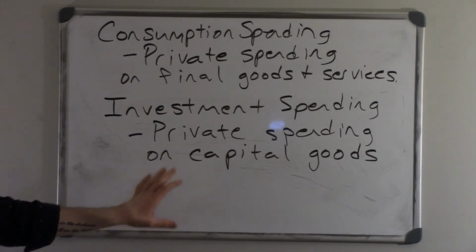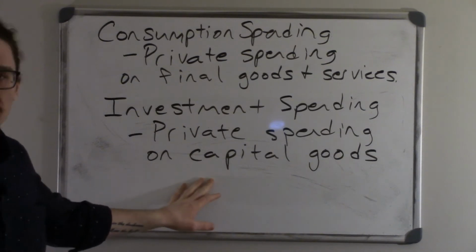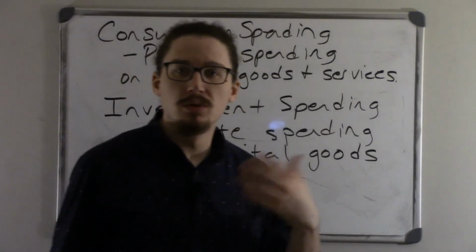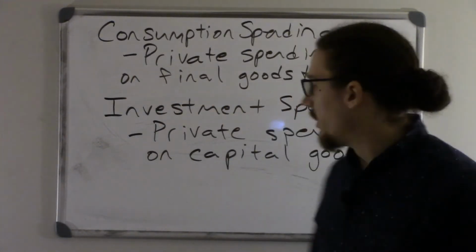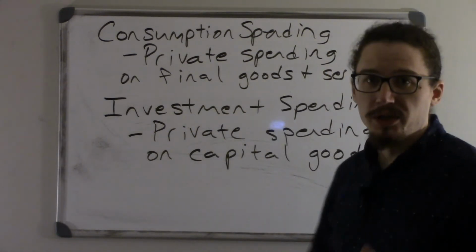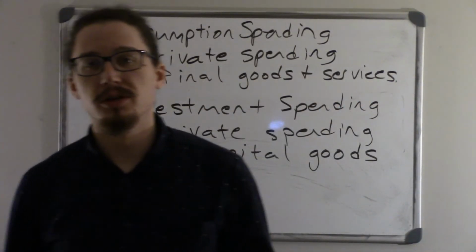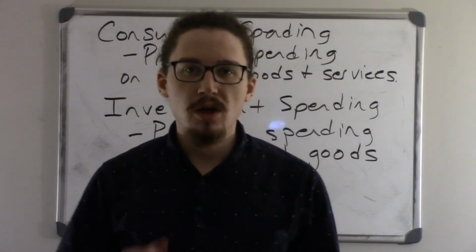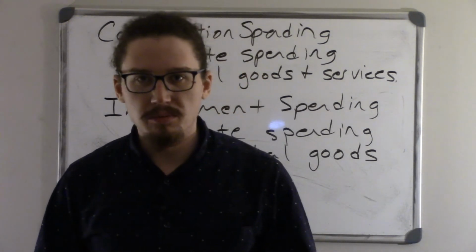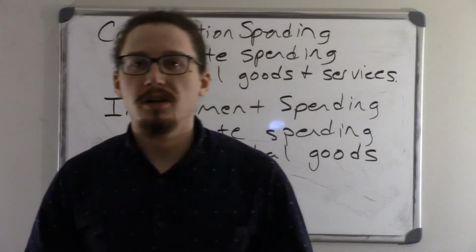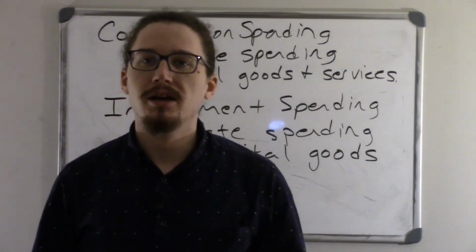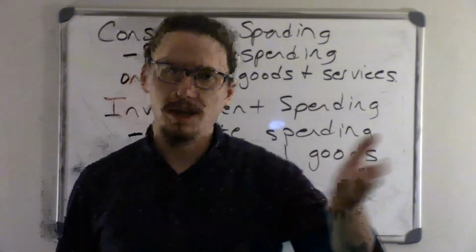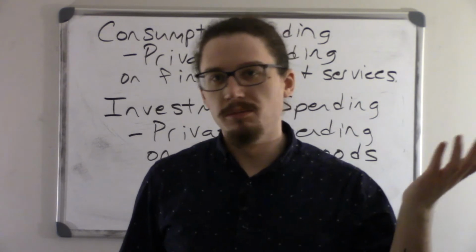All right, so investment spending is private spending, spending by firms or individuals on these capital goods that are going to allow them to produce other goods. So examples of what investment spending might be: let's say you're a farmer and you buy a new tractor so that you can farm stuff.